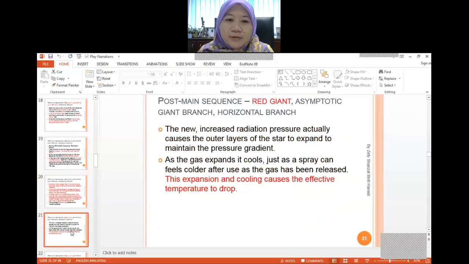Okay, so we can have the increased radiation pressure actually causing the outer layers to expand to maintain the pressure gradients. And this expansion and cooling causes the effective temperature to drop. That is the reason why the temperature drops, because of the increasing size.